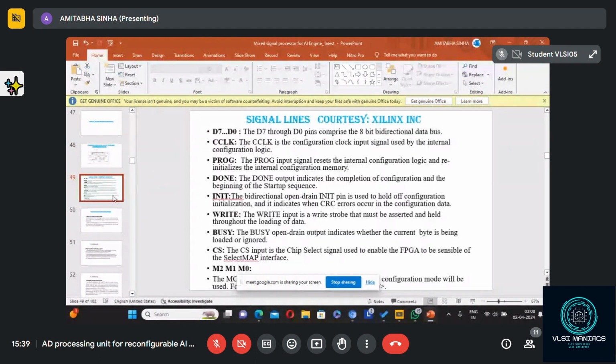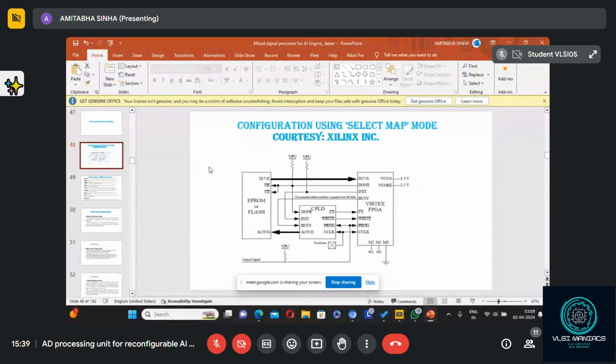So here, the done signal indicates the completion of the configuration. You can consult the manual for this. Now, from this design point of view, if you have any questions, please ask. Otherwise I'll go to the next section.